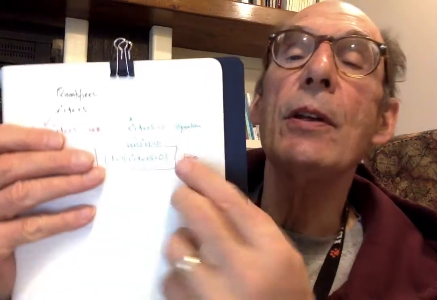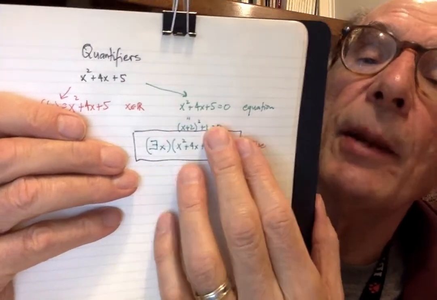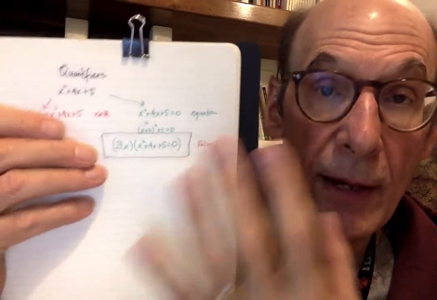So there's another direction that we can go with this quadratic, and that is that we happen to notice that when we rewrote it, we got a square plus 1, so that's never 0 and never negative.